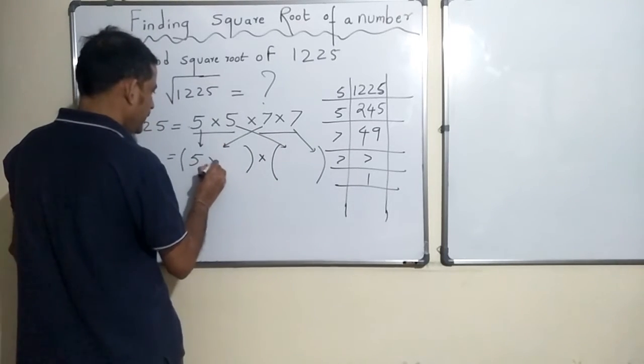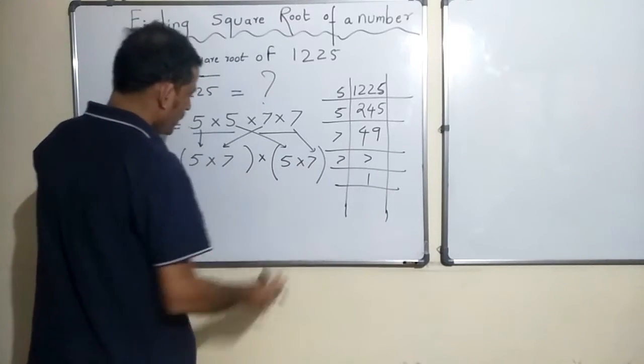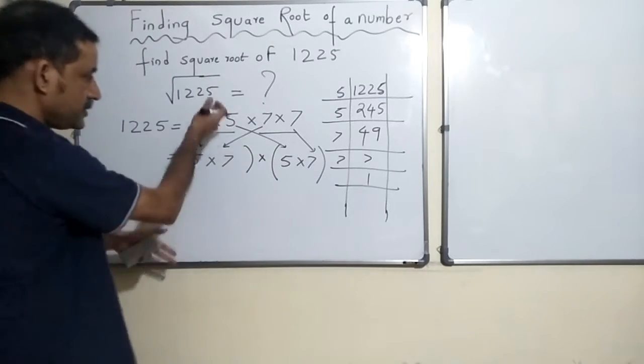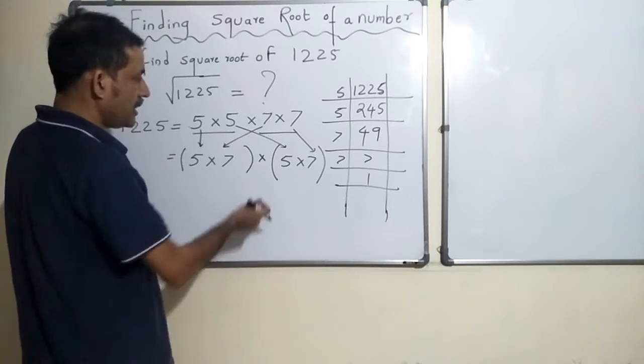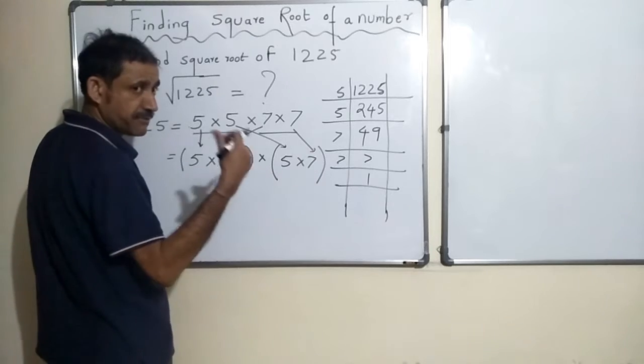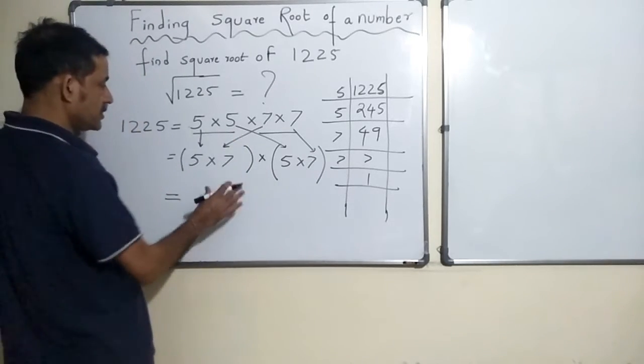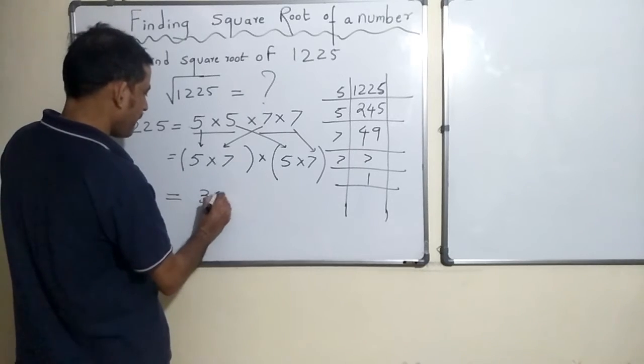So 5 into 7, 5 into 7. It's just the same, I am just rearranging. The multiplication should give you the same value, which is 1225. So this is 35 into 35.